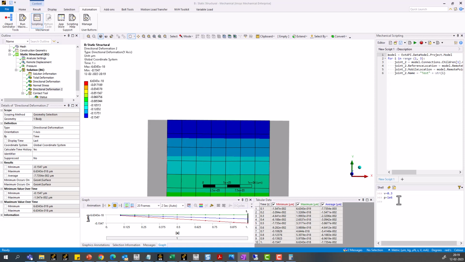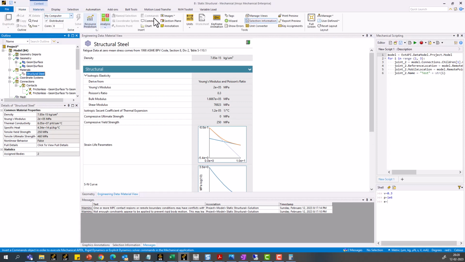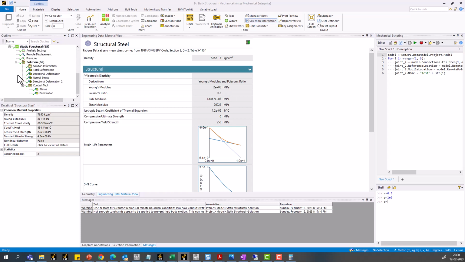Let's check the accurate values we are using; let me first change it to MPa. So E is around 200 gigapascal, so 2e11.